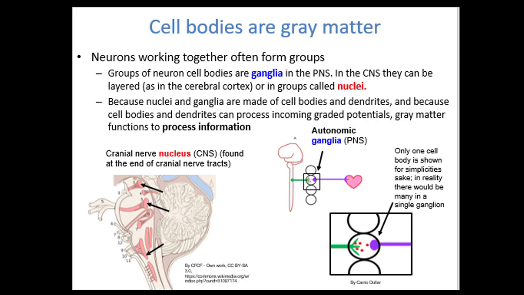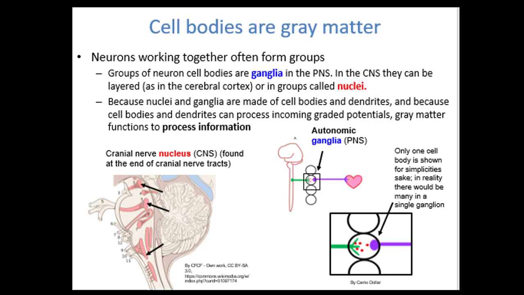And if we're going to have a group of neuron cell bodies in the peripheral nervous system, it's called a ganglion. So autonomic ganglia are really important for helping to send signals out towards your visceral organs for both sympathetic and parasympathetic input. So speeding up the heart, slowing it down, that kind of thing. And a ganglion is just an area where we're going to have a group of neuron cell bodies that are going to be receiving signals from another neuron.